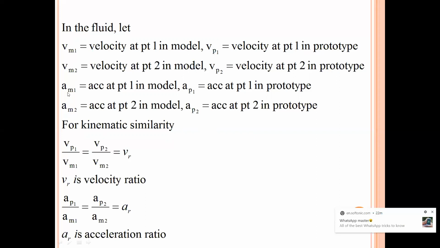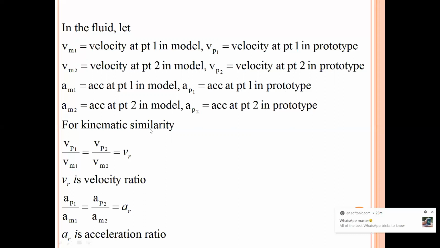Acceleration: Am1 is the acceleration at point 1 in the model, Ap1 the acceleration at point 1 in the prototype, Am2 the acceleration at point 2 in the model, Ap2 the acceleration at point 2 in the prototype. So we are dealing with model and prototype.